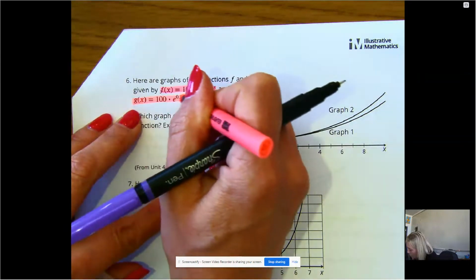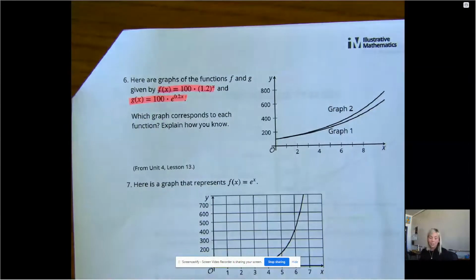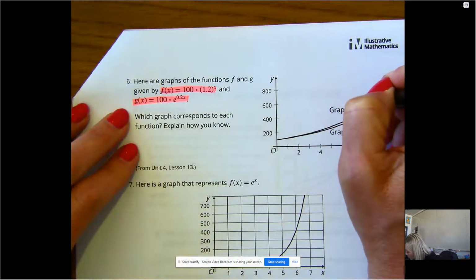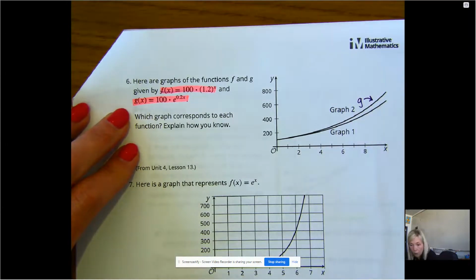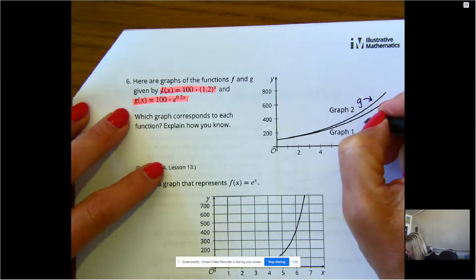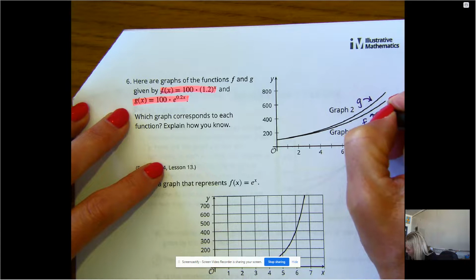So this shows also 20%, but continuous growth. So since they're both growing by 20%, graph 2 is going to be function g, because continuous growth will grow faster, slightly faster, and that means that function f corresponds to graph 1.